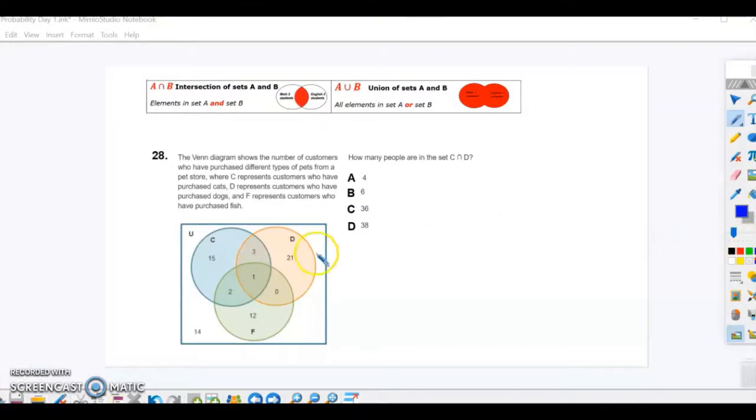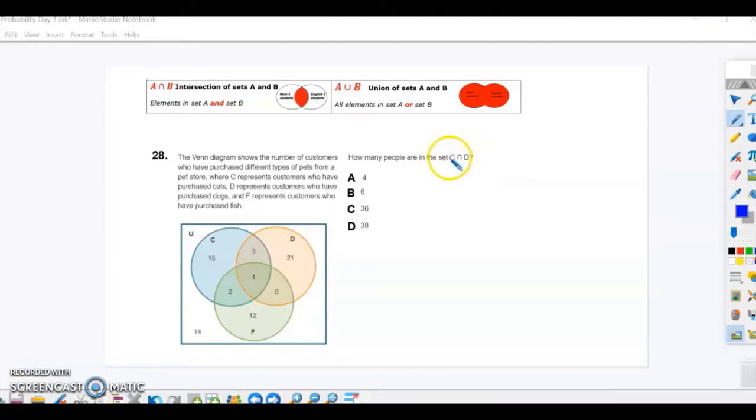Let's look at a couple more. We have a Venn diagram that shows the number of people who have purchased different types of pets. C is cats, D is dogs, F is fish. And this says how many people are in the set C and then an upside down U, D. So what does this mean?